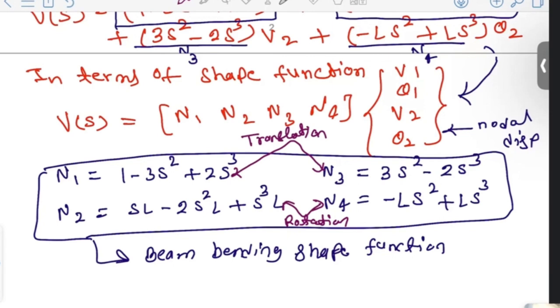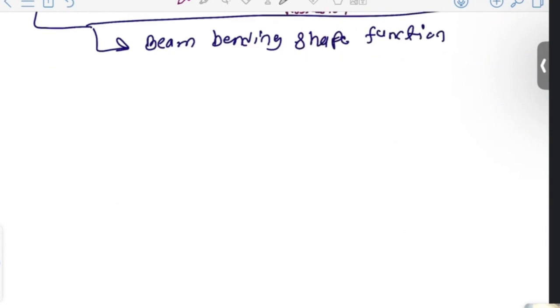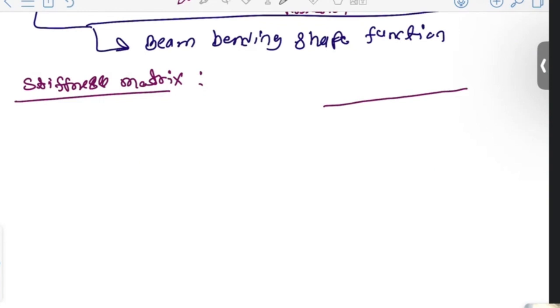One thing I just want to mention here: the stiffness matrix for a beam element, node 1, node 2. It has 2 degrees of freedom per node, v1, theta 1, v2, theta 2. It has length L.